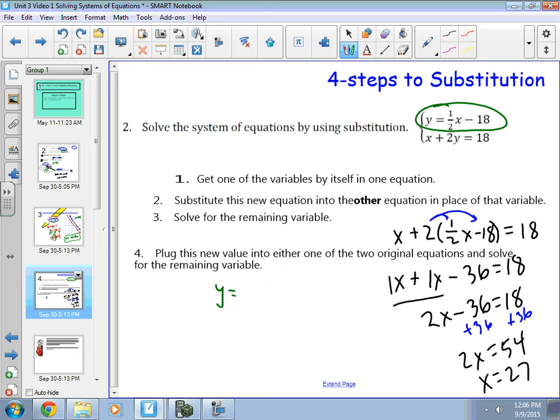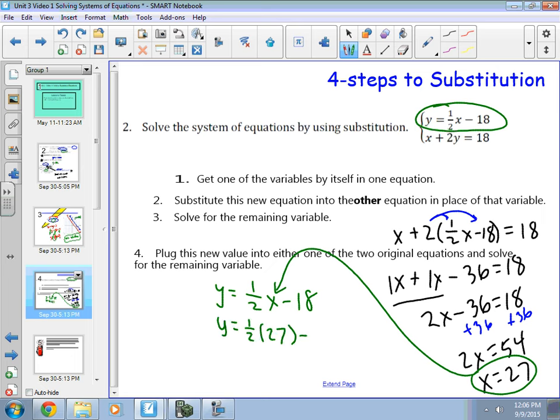So we know that we can take this equation, take the 27 we just found, and put it in for x. So it becomes half of 27 minus 18. Half of 27 is going to be 13.5.